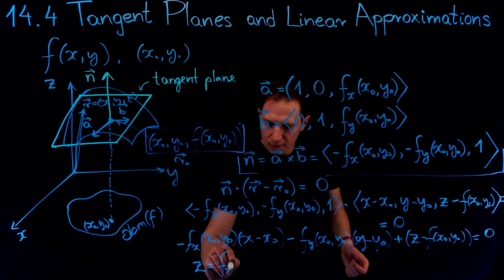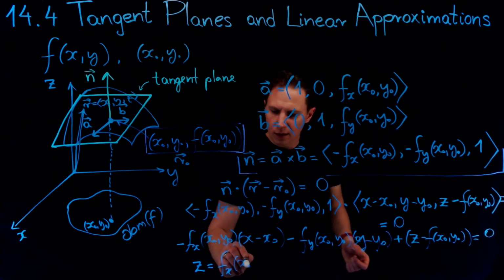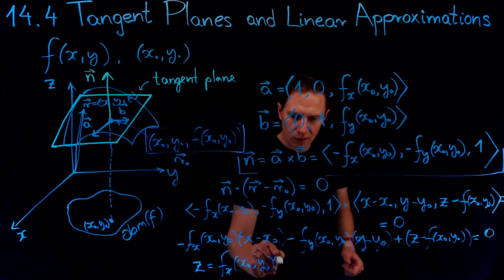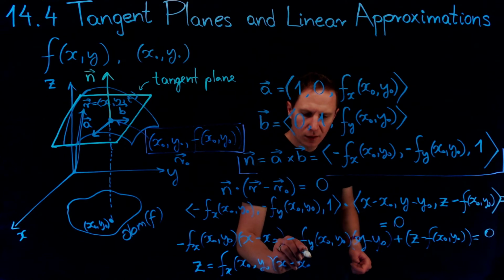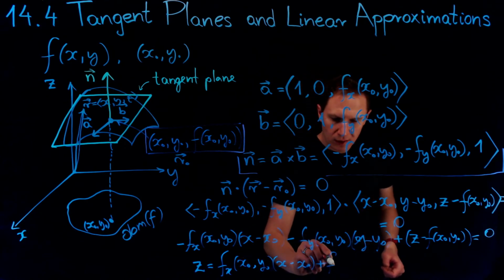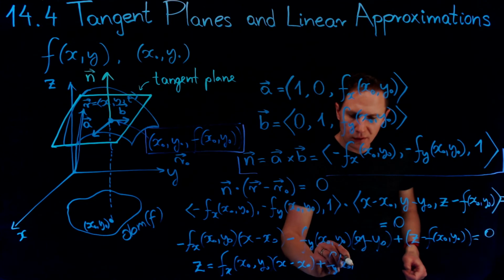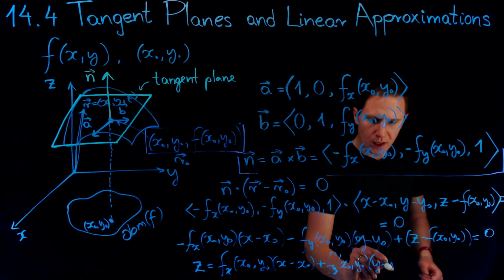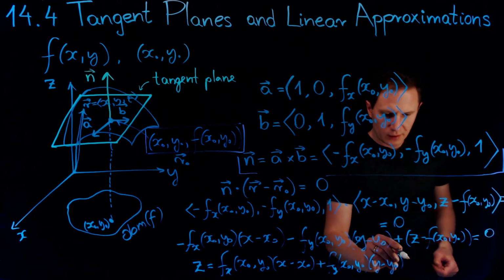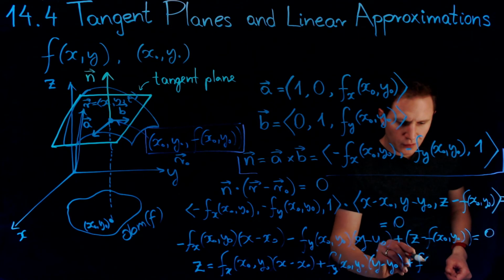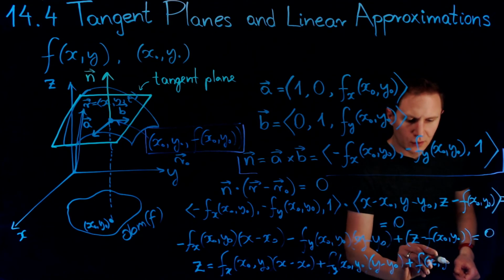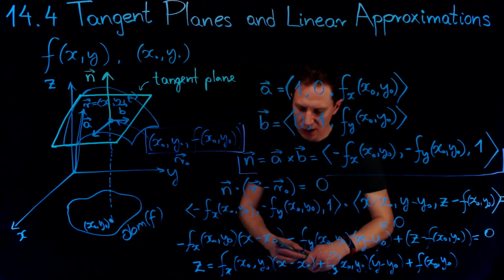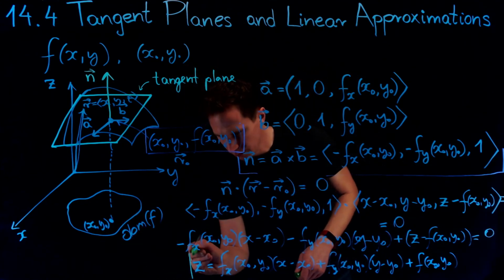We add this quantity to both sides to get the partial derivative with respect to x at the point x naught, y naught, times x minus x naught, plus the partial derivative with respect to y at x naught, y naught, times y minus y naught, and finally plus the value of the function at x naught, y naught.